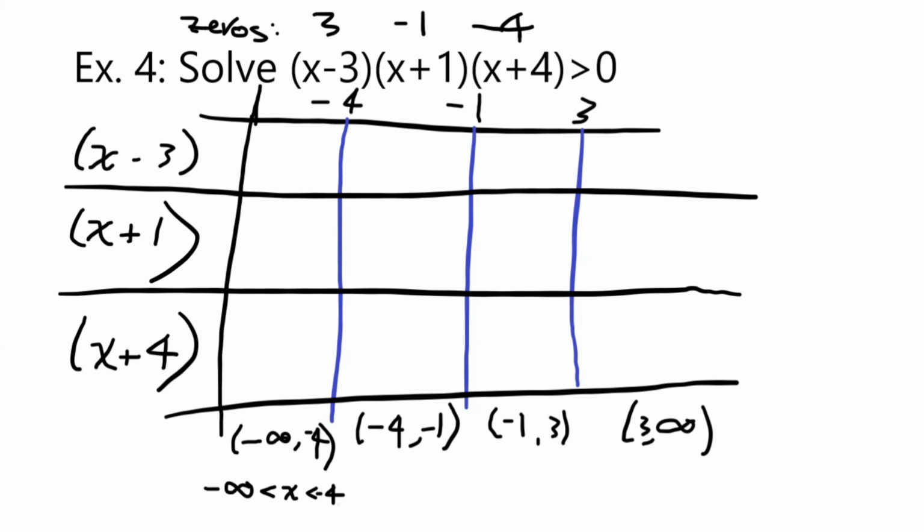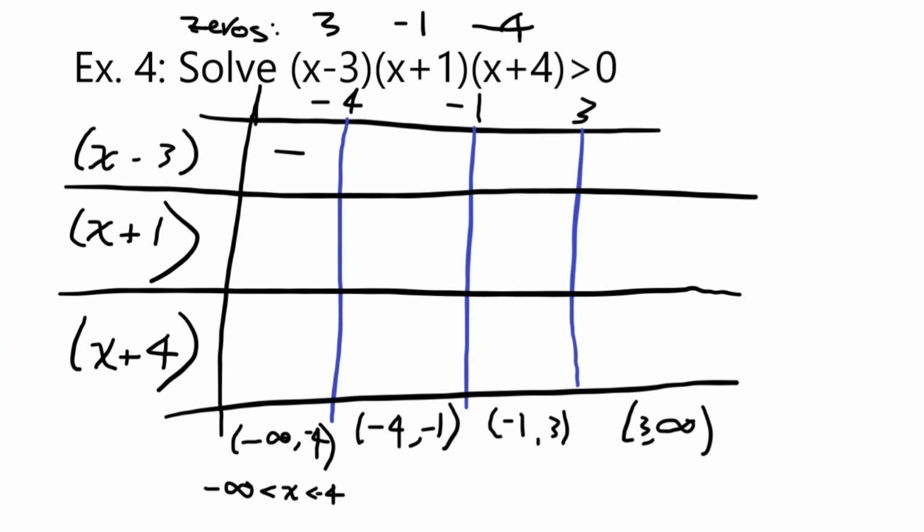So any number between negative infinity and negative 4, that could be negative 5, that could be negative 79.8. It doesn't matter. When you insert an x value in this range, we'll go with negative 5. Negative 5 minus 3 is negative 8. Any number that you put in this interval for x in this problem is going to be negative.